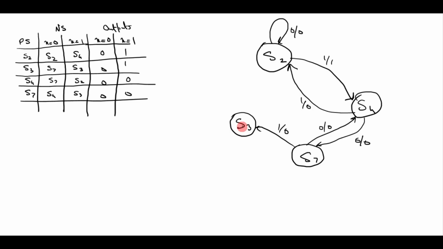And when you are at S3, for 0 you move to S7 and your output is 0. And when you apply 1, you remain at S3 and your output is 1. So this is your reduced state transition graph.